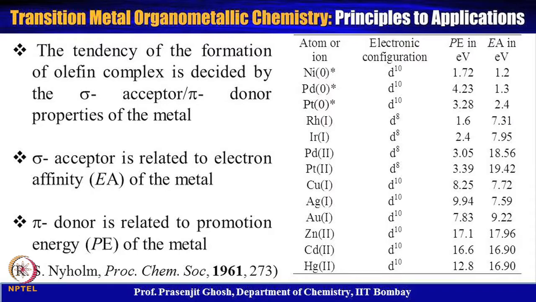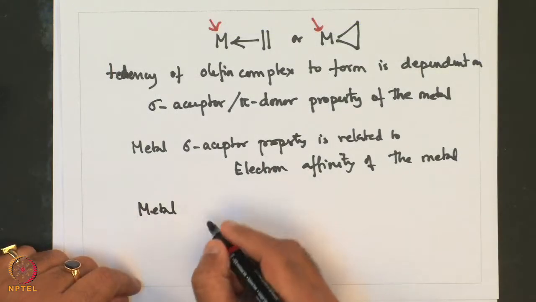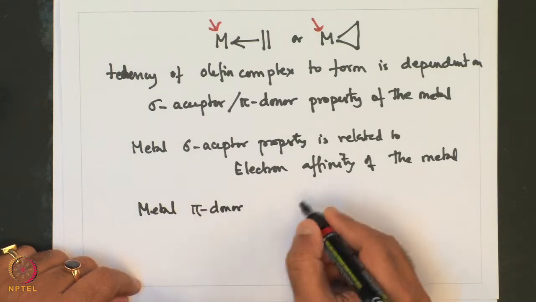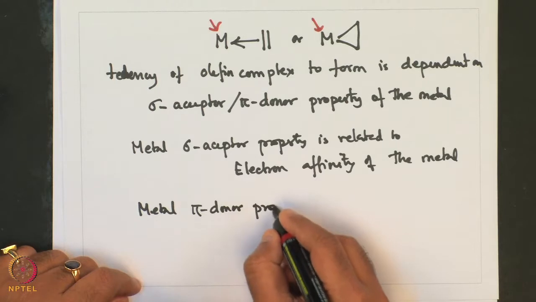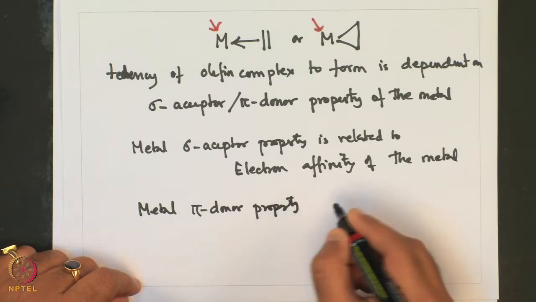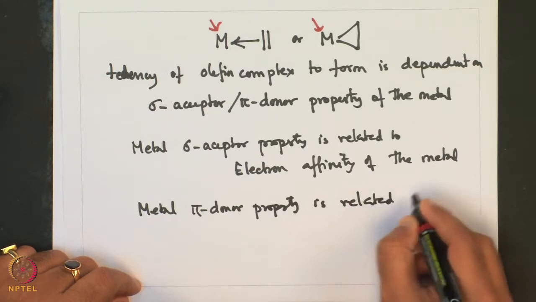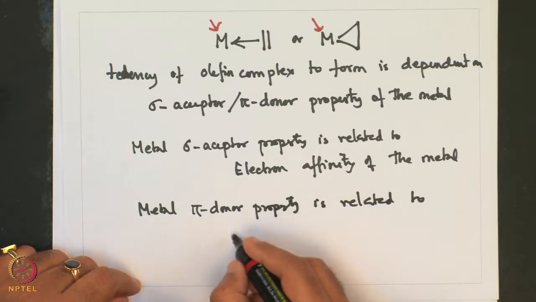Similarly, the metal pi donor property is related to a term called promotional energy.